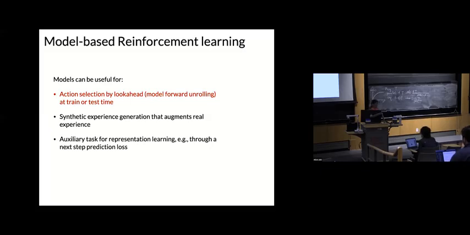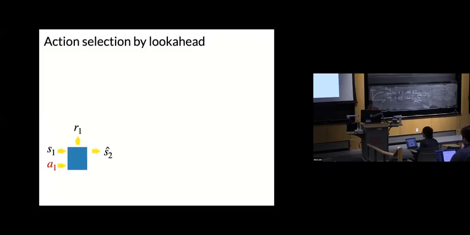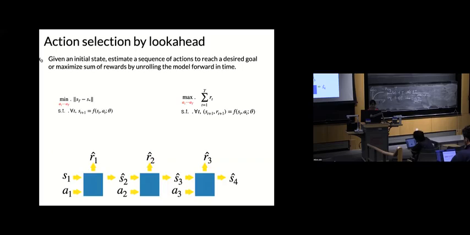So let's look a little bit at the first one, real quick, because we've seen it in MCTS, as you correctly pointed out. Unrolling essentially means that you have an action sequence, you feed it into your model, and you get a corresponding prediction of rewards and states. These predictions we denote with a hat because they're not ground truth. It's what the model thinks. Then your goal is either to reach a goal state S star, or to maximize your rewards, the sum of r_t.